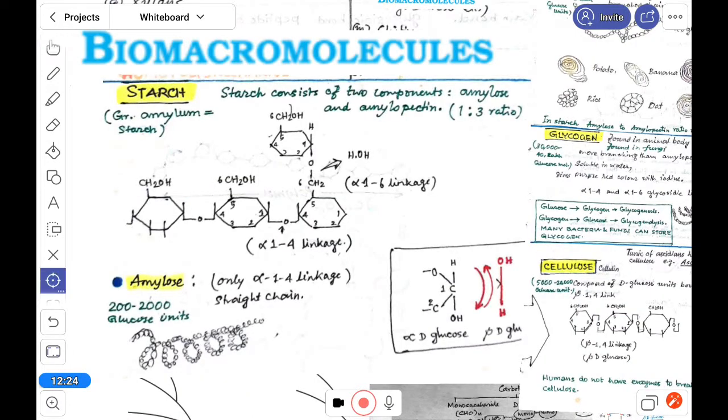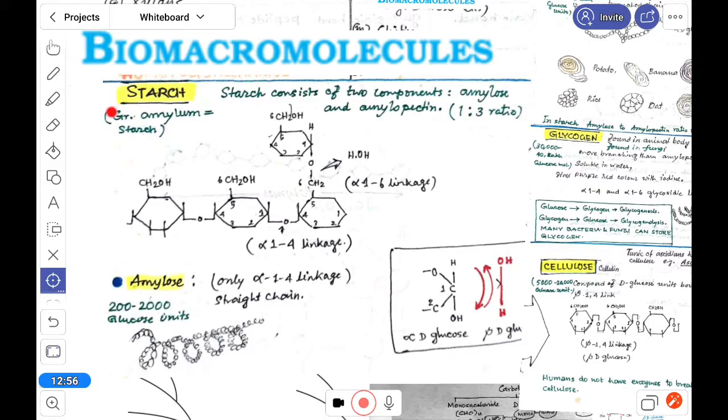Now about the glycosidic linkage, one thing you have to know: when it goes in a straight chain, the linkage is 1 with the 4 carbon, so it is called alpha 1,4 linkage. But when it comes to a branch, the sixth carbon joins with the 1, so it is called the 1 to 6 linkage. So 1 to 6 linkage indicates a branched chain.